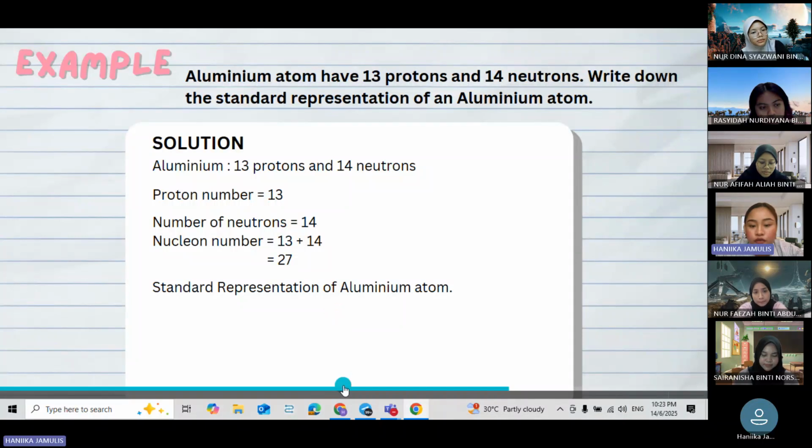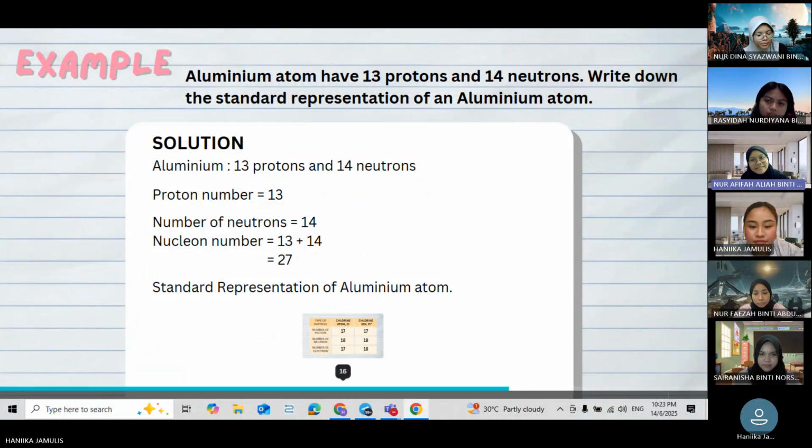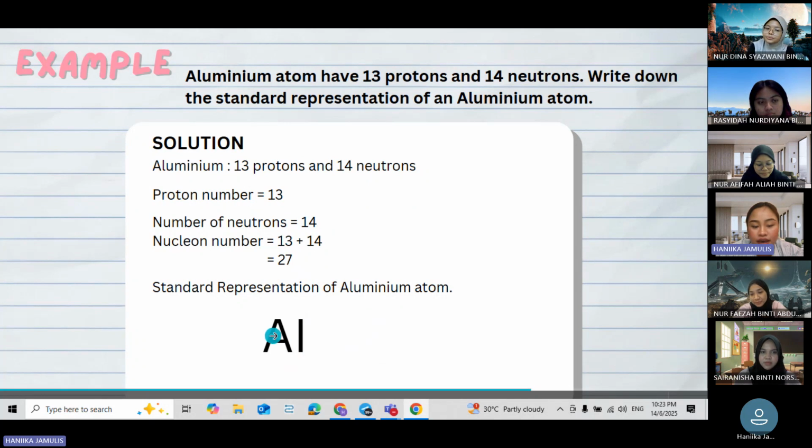What should we do first, class? Write the symbol of aluminium atom, teacher. Yes, Afifa, good. So first, we write the symbol for aluminium atom, which is capital letter A and small letter L. What about the second step, class?